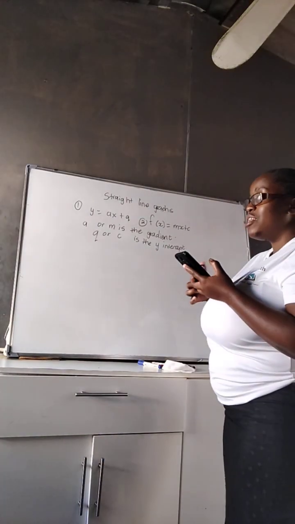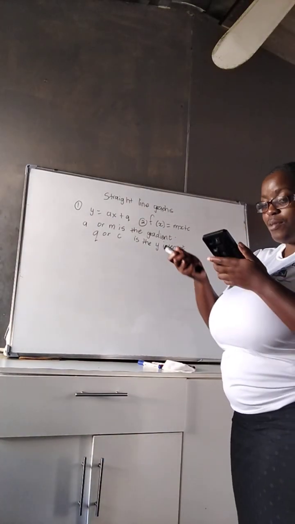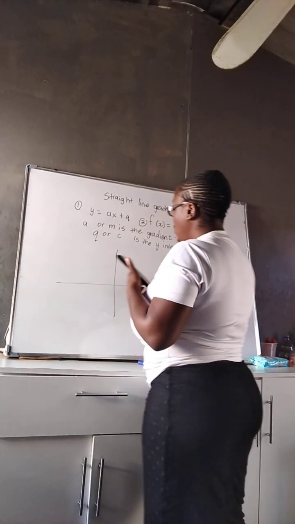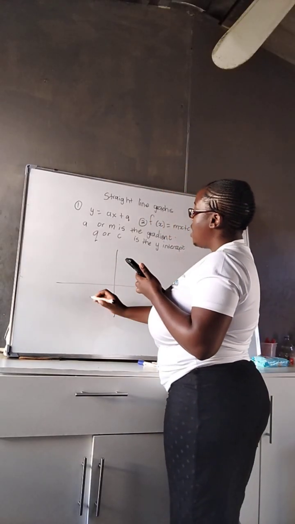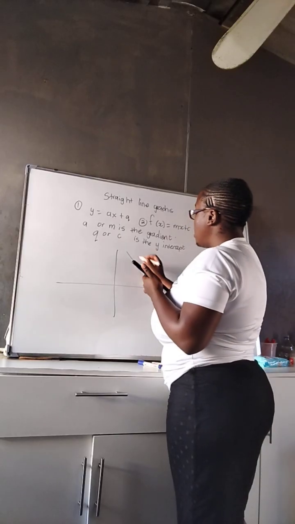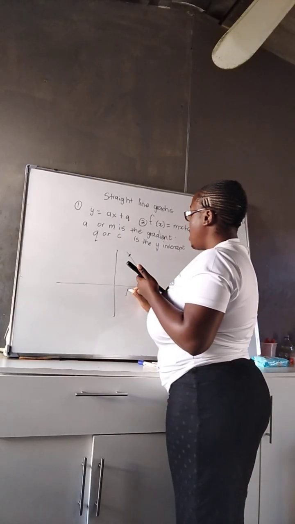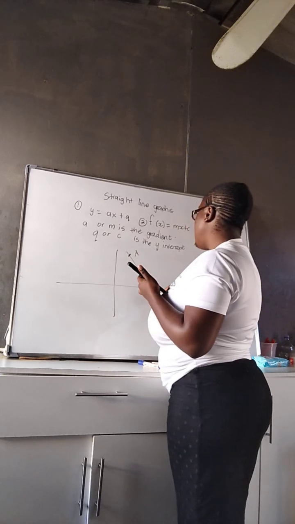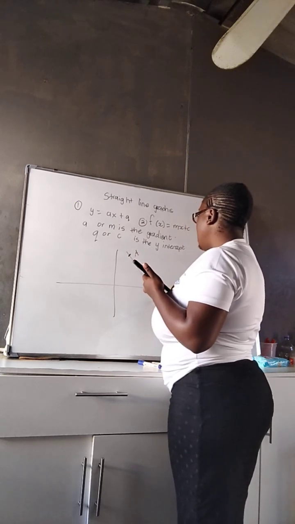When you're talking about the gradient or the y-intercept, for example, you have a line, you have a point, and then our line goes like this, and this is our point A. Let's say this is our point A, and this is our point B, right?